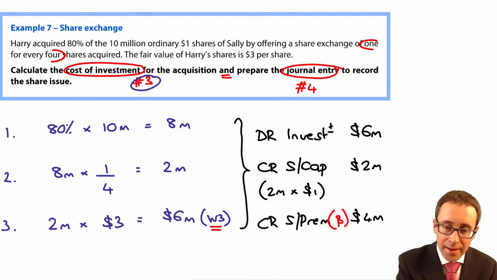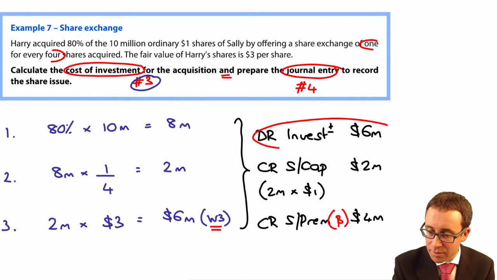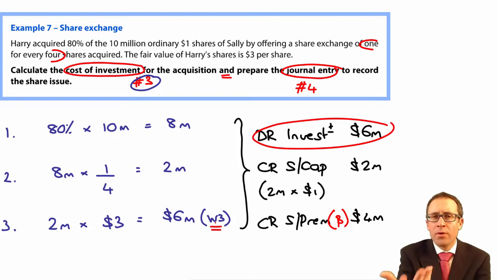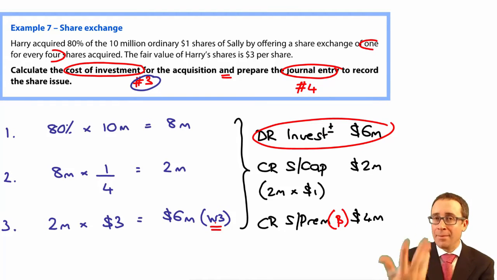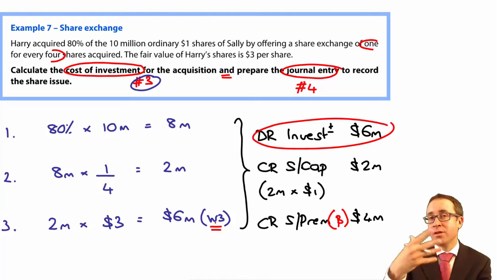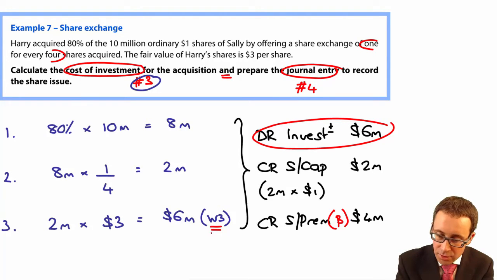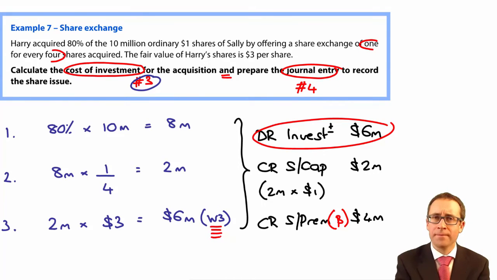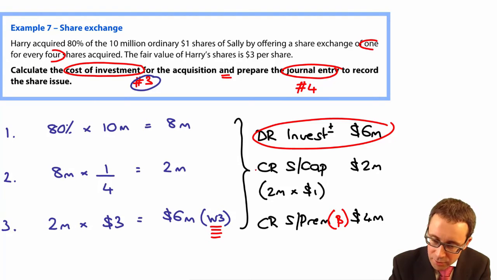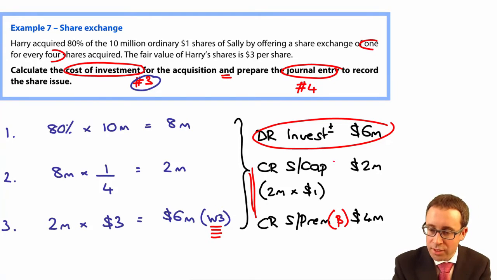Okay, key bit again is that the debit to the investment, as I've said, would be recorded in P's books, but don't forget we eliminate it because we eliminate the investment the parent has in the sub. But that is the figure that's used in working 3. That top line in working 3, your goodwill. And then don't forget as well here to credit share capital.